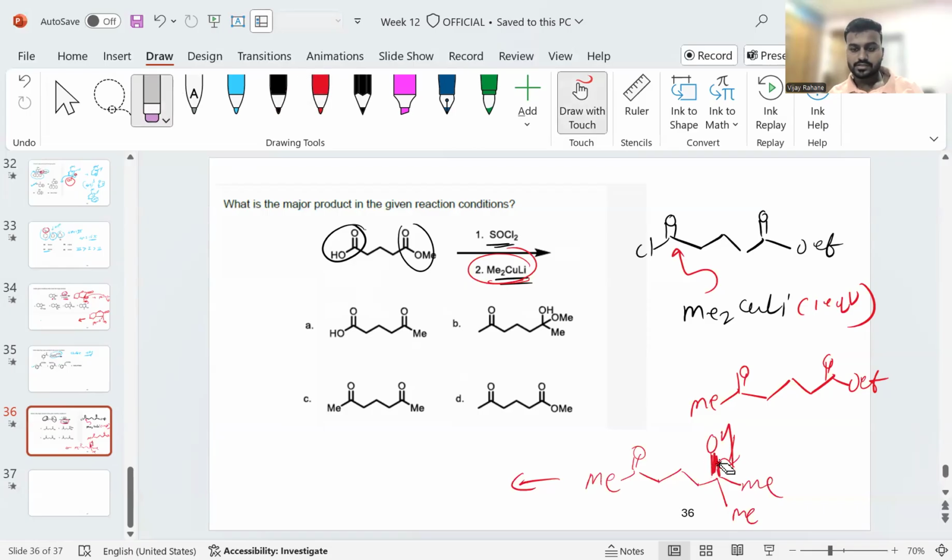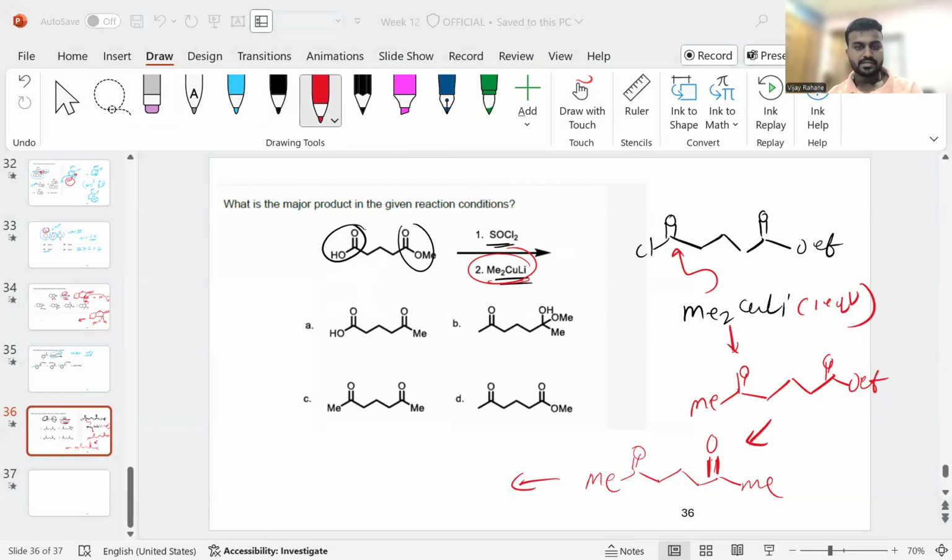Not OH, this can stay up to, I think, only the ketone after addition of another one equivalent. So this is up to the second addition of this Me2CuLi reagent.